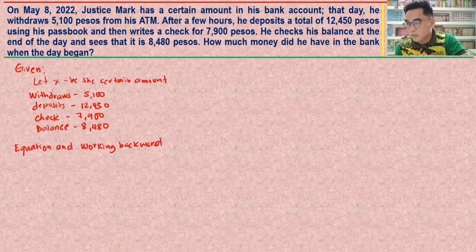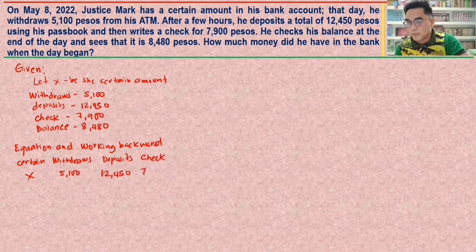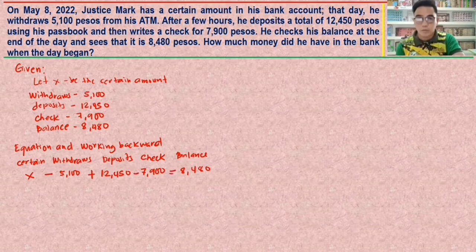So we have a certain amount that is denoted as X, withdraws, which is an amount of 5,100, deposits, that is 12,450, made a check amounting to 7,900, and the balance after that day is 8,480. Let's do the operation here. When we say withdraw, that is minus. When we say deposit, plus. Check, minus, and the balance is equal.